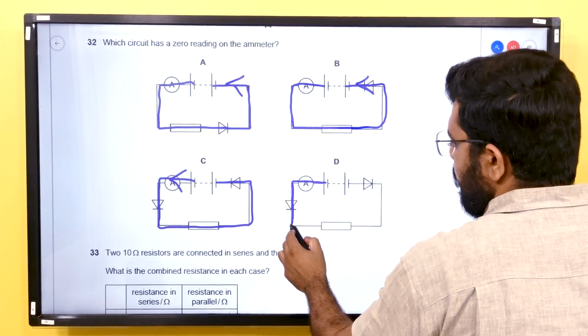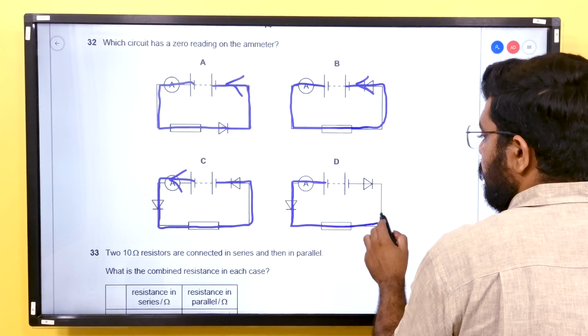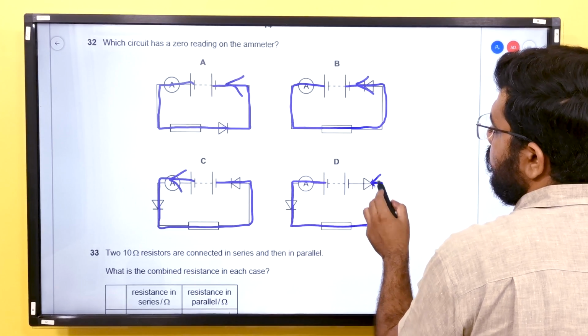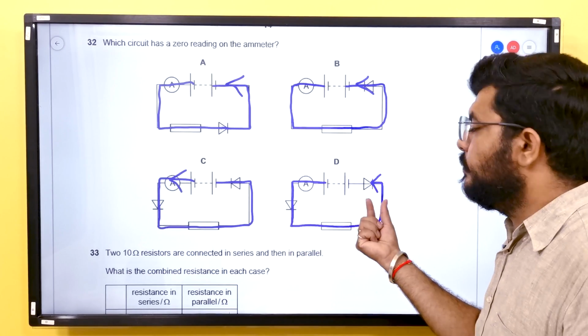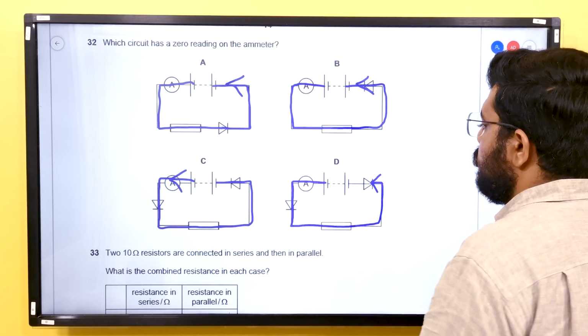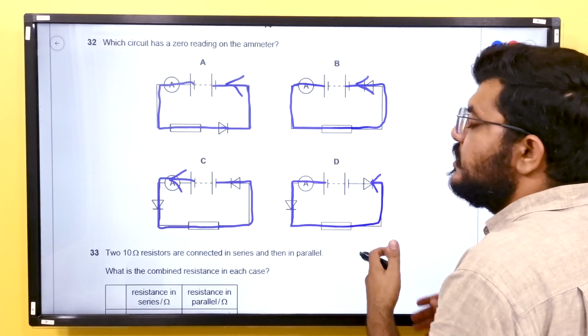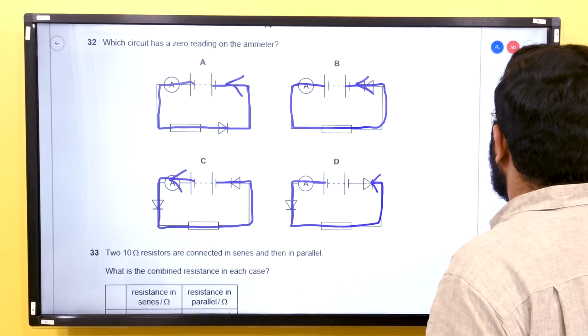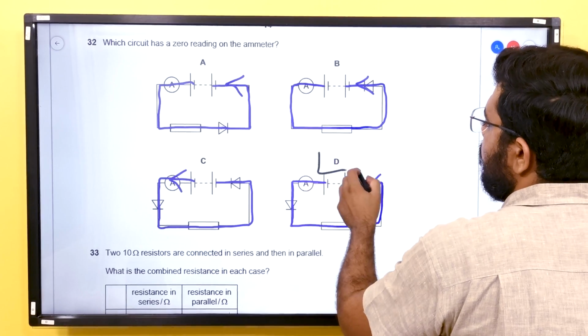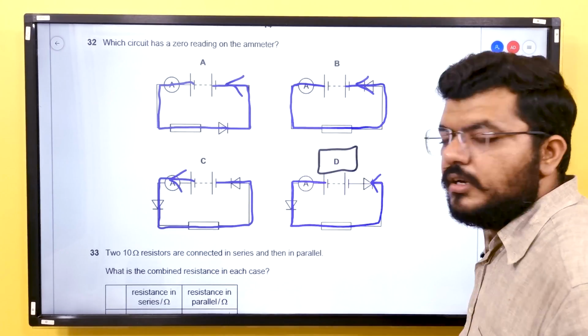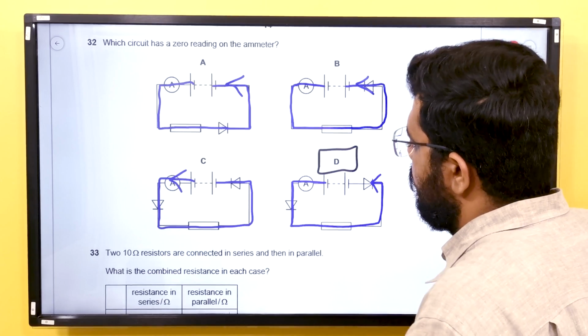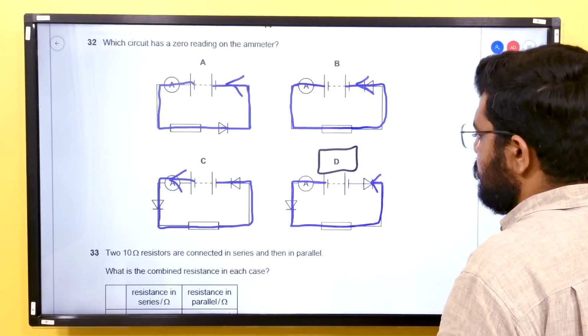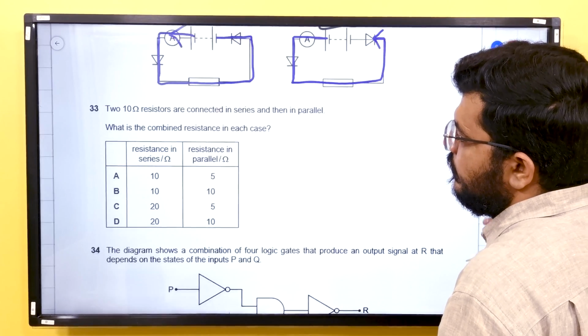But it does pass from this diode, does not pass from this diode. The current cannot pass beyond this point. So this means that the circuit is open, and that's why there is no current in the circuit and the ammeter has a zero reading. Option D is your correct answer.